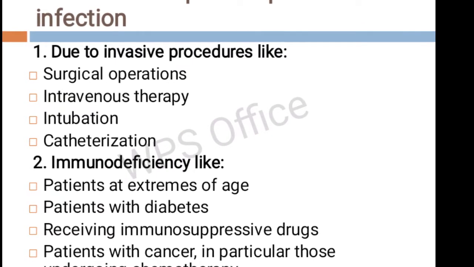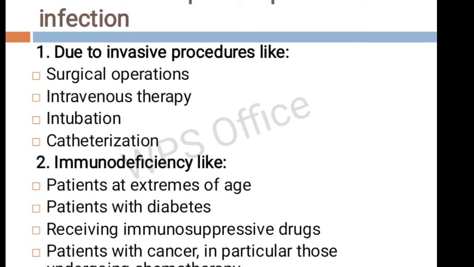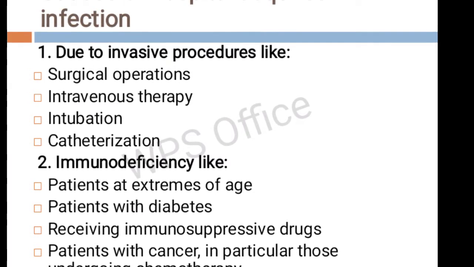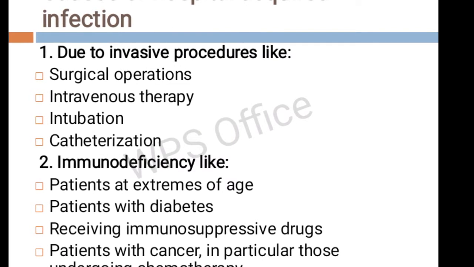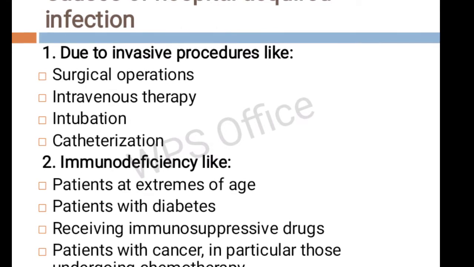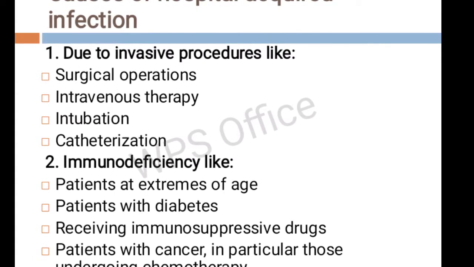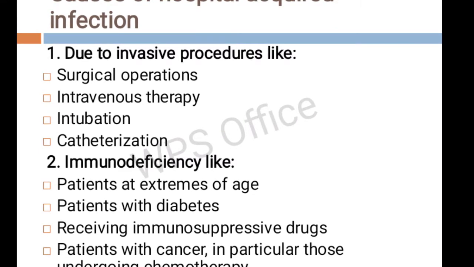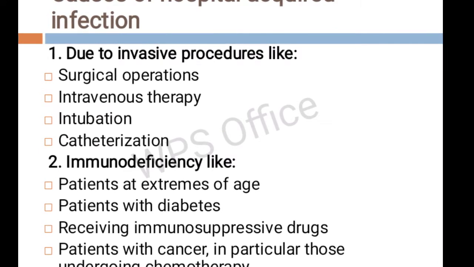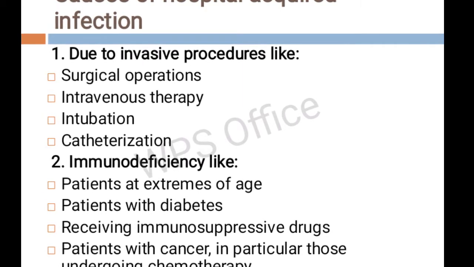Then causes of hospital acquired infection. There are many causes. The first one is due to invasive procedures. These are the sterile procedures or invasive procedures. They include surgical operations. If the patient has undergone any type of surgery or operation, he or she might be at risk of developing an infection.